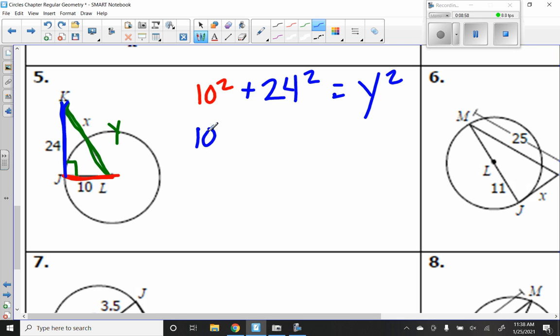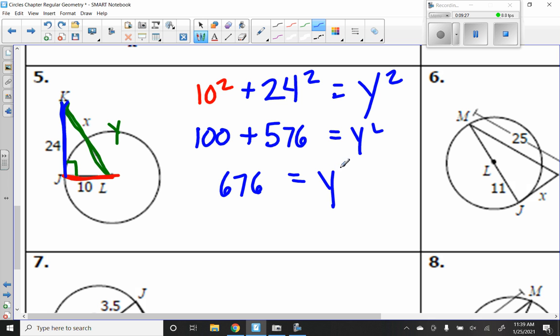So 100 is 10 squared plus 24 squared is 576 equals y squared. Add them together and take the square root of 676. Whoops, put it in my calculator wrong. Okay, so this comes out to be 676, and the last step needs to be take the square root, and you get 26.